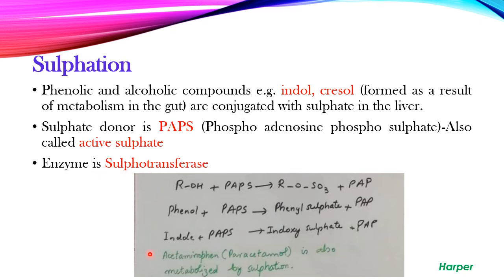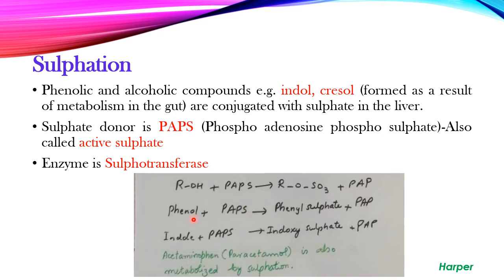Here are the reactions that show sulfation, and the very first reaction is the general reaction, in which xenobiotic that has been prepared in phase 1 is going to be sulfated with PAPS, and you are going to get this product, which is simply called sulfated water-soluble product, which can be easily excreted from the body. And here the PAPS is released in the form of PAP after removing its sulfate group.